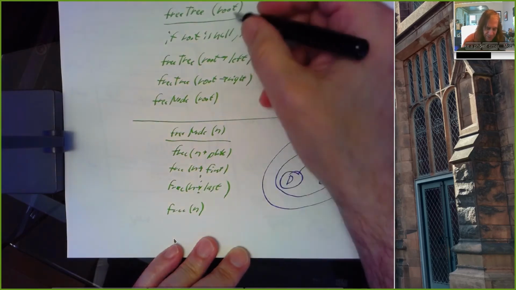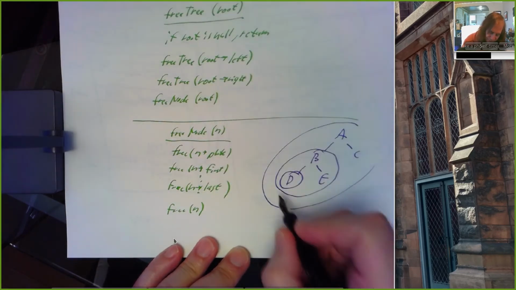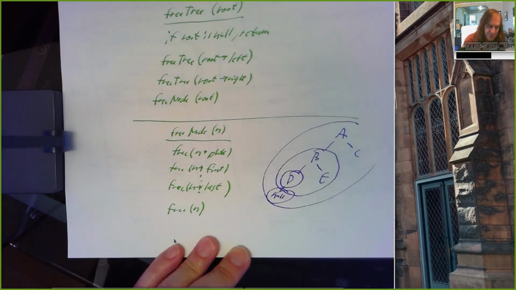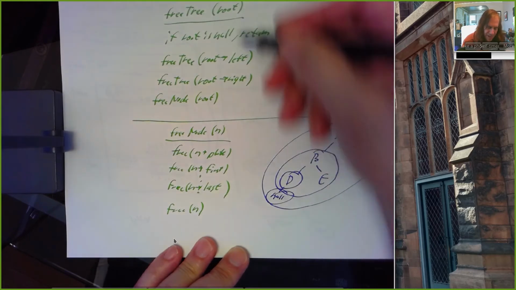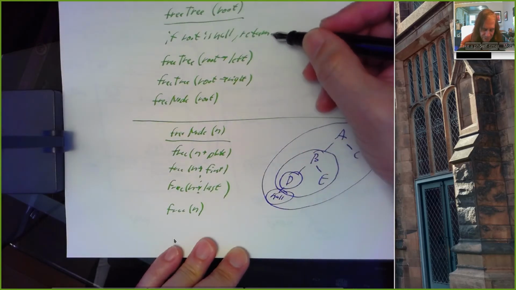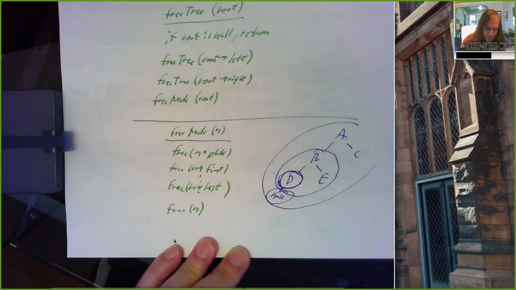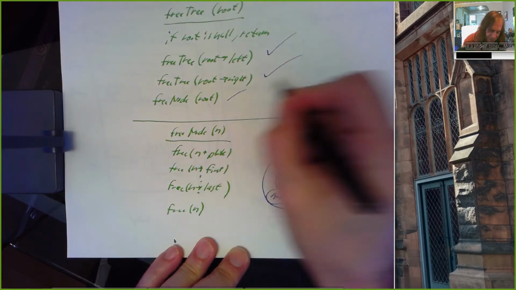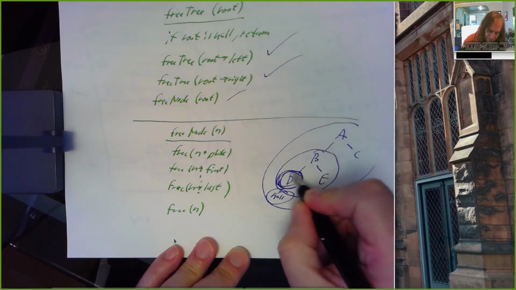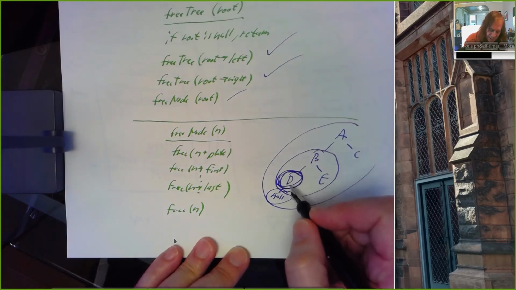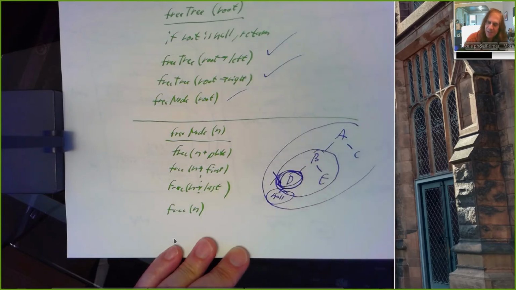And the first thing free tree is going to do, since the root is not null, it's going to call free tree on D's left child, which is null. And in that call, it's going to say if the root is null, return. So that call to free this thing's left child will come back right away, and the call to free the right child will come back similarly. And then it will say free the root node, and that'll call free node on D, and that will free the 3 strings inside here, and finally it will release that node from memory.